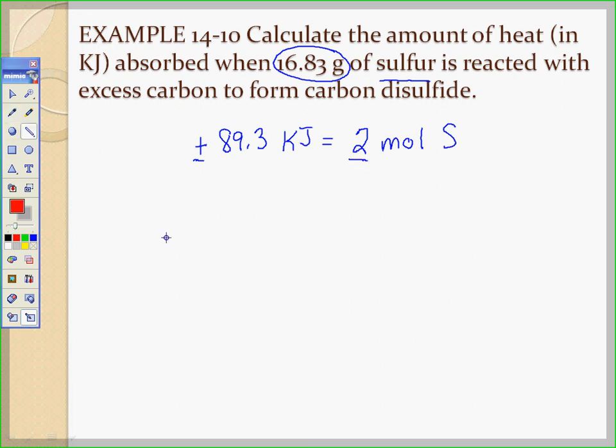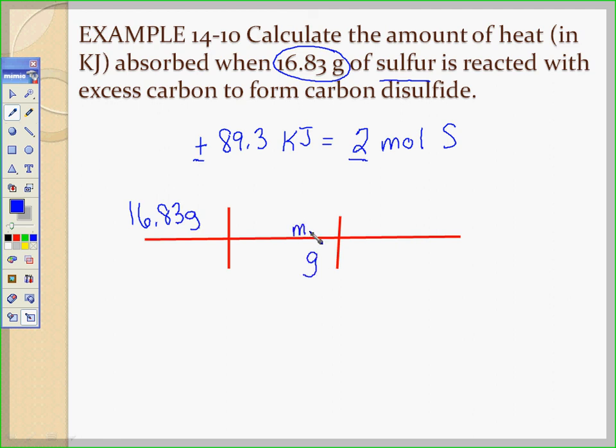So set up your dimensional analysis. I need to go mass to moles, and then moles to kilojoules, much like I did before, but the conversion factor is a little different. So I have 16.83 grams of sulfur. Get rid of grams, go to moles. 1 mole of sulfur is 32.06 grams.